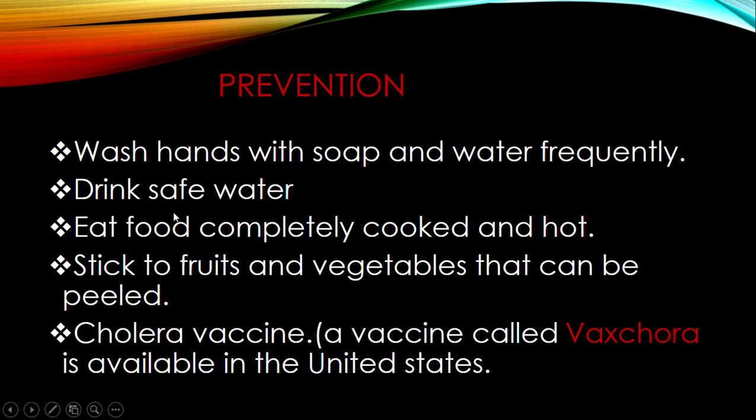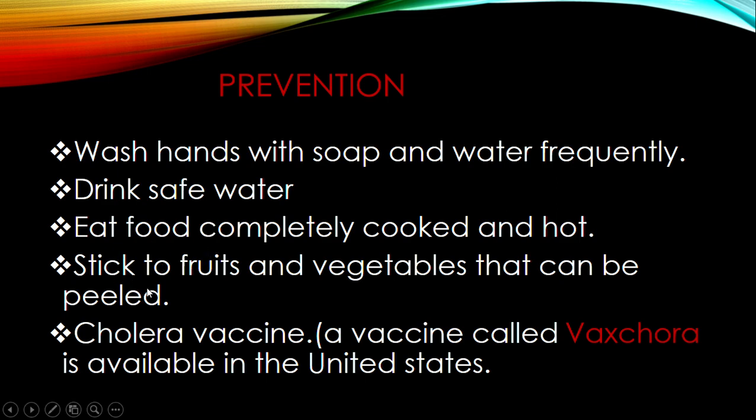The first point is that we should wash our hands with soap and water frequently. We should drink safe water every day. We should eat foods which are completely cooked and which are hot. So make sure that this rain season we avoid eating cold foods or foods which are not completely cooked.